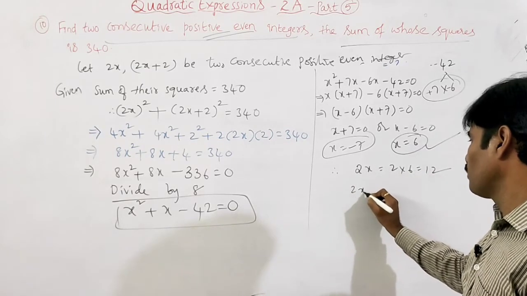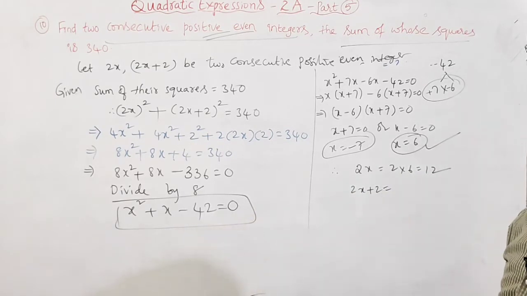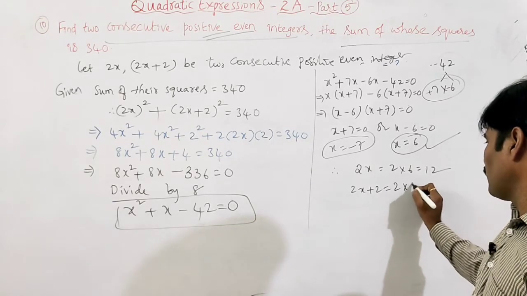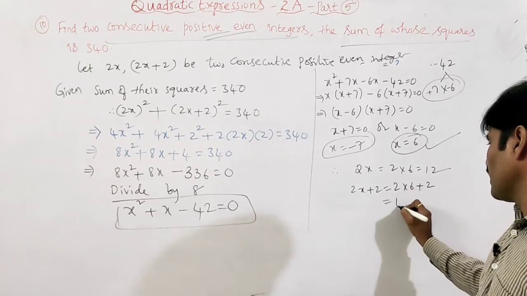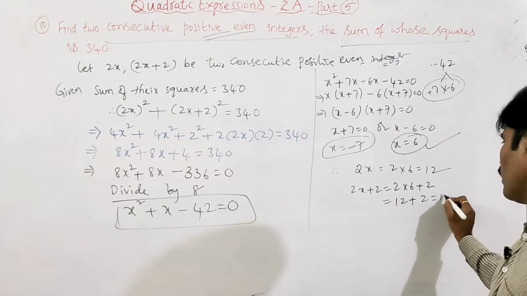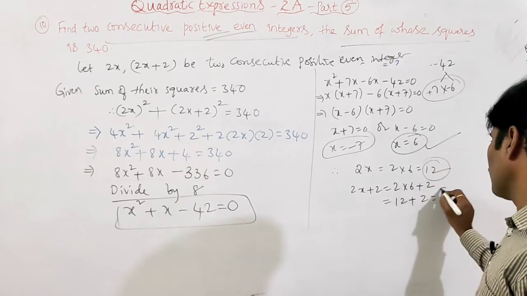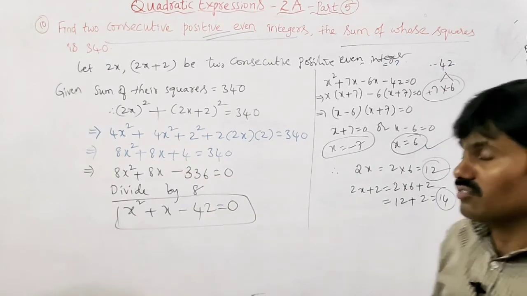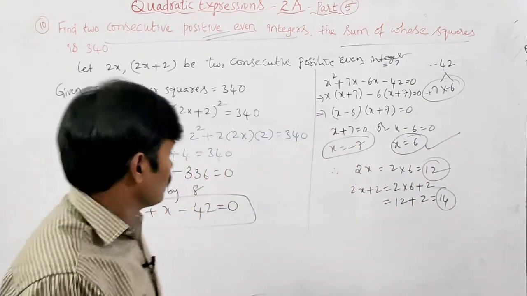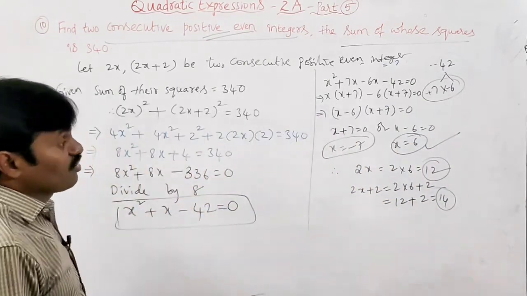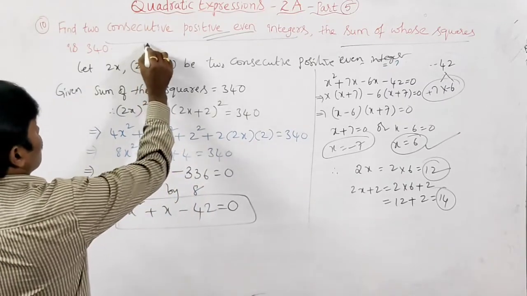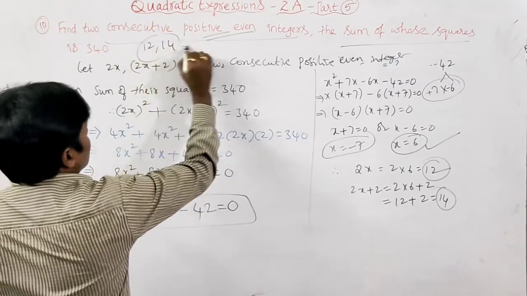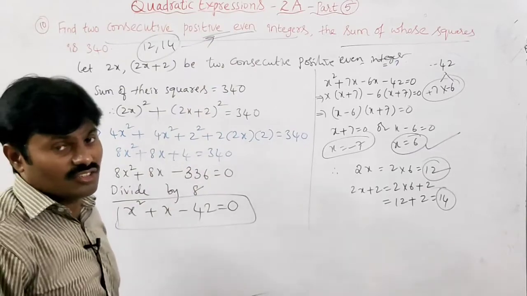Another one is 2x plus 2, that is 2 into 6 plus 2, again BODMAS, multiplication first. 2 6s are 12 plus 2 is 14. So one even number is 12, another even number is 14. So 12 and 14 are the required consecutive positive even integers.